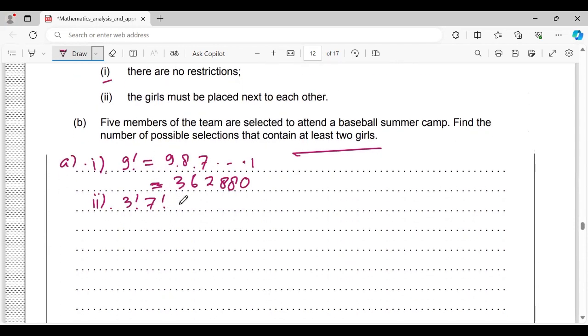So it becomes 3 times 2 times 1 times 7 times 6 times 5 times 4 times 3 times 2 times 1. If you calculate, the number is 30,240. B.